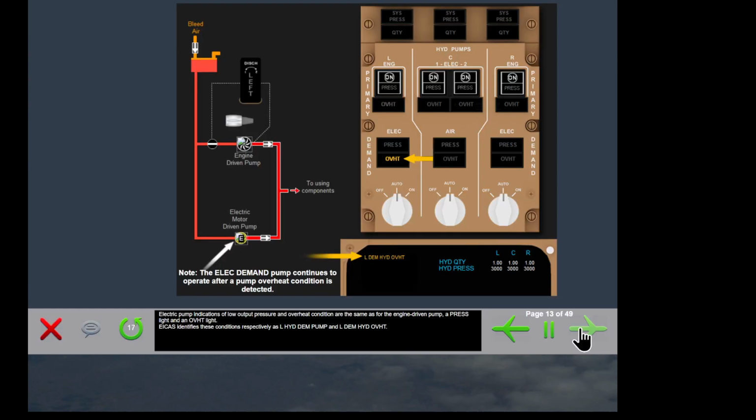Electric pump indications of low output pressure and overheat conditions are the same as for the engine-driven pump, a pressure light and an overheat light. ICAS identifies these conditions respectively as left hydraulic demand pump and left demand hydraulic overheat.